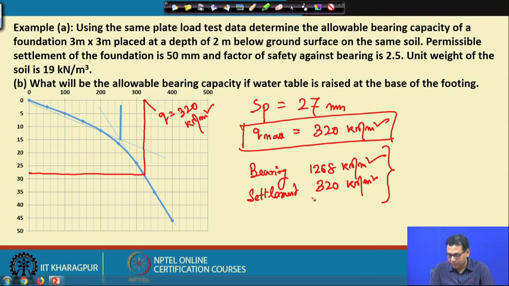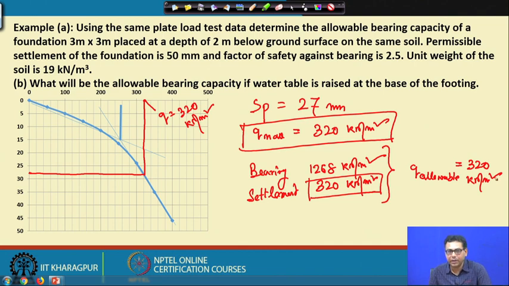So, the minimum of this will be the Q allowable or net allowable. The Q allowable will be 320 kilonewton per meter square, because that is the minimum.